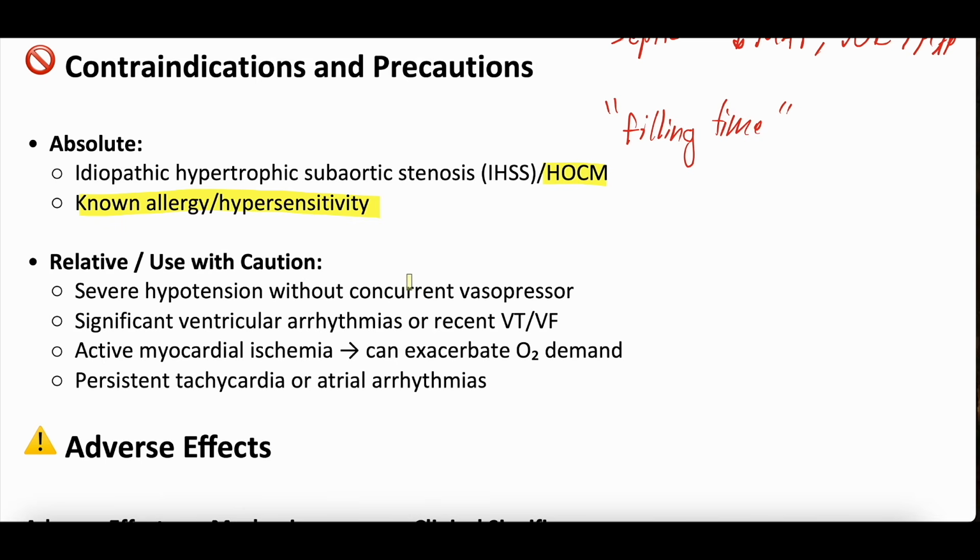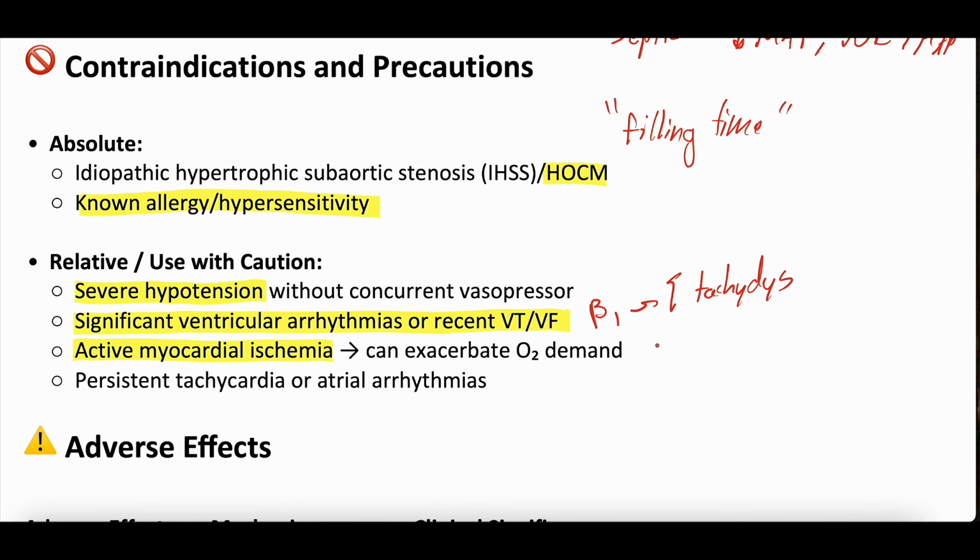Use with caution. Patients with severe hypotension, use with caution because it will drop the blood pressure more. Patients with significant ventricular arrhythmias, you have to use with caution because of all the beta-1 effect. Beta-1 effects increase risk of tachydysrhythmias. Those with active myocardial ischemia, as we said, this can sometimes increase myocardial oxygen demand.